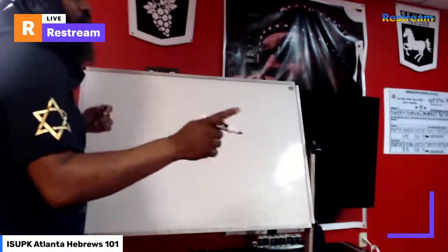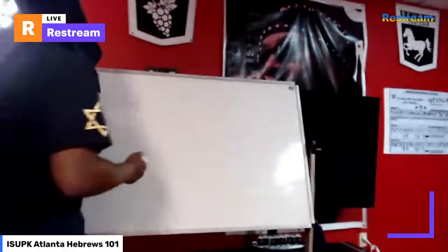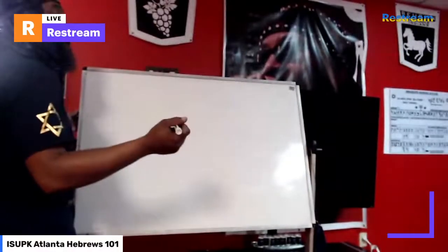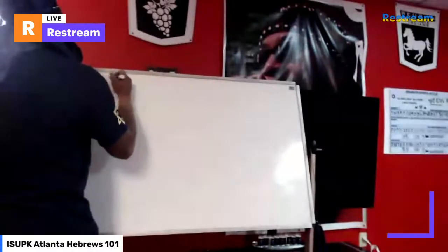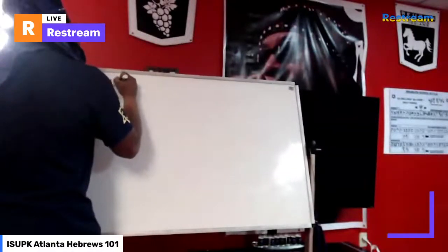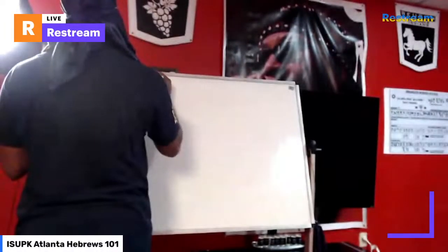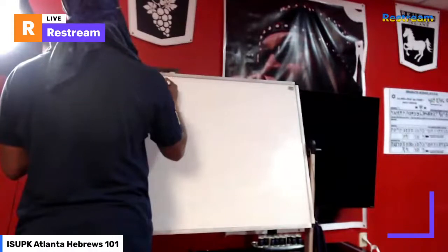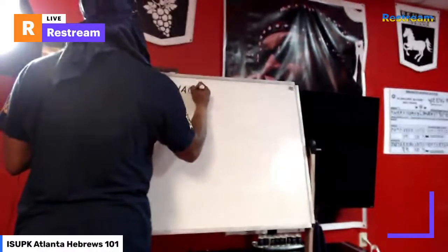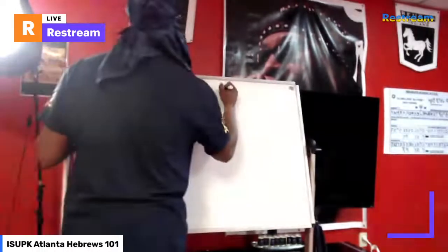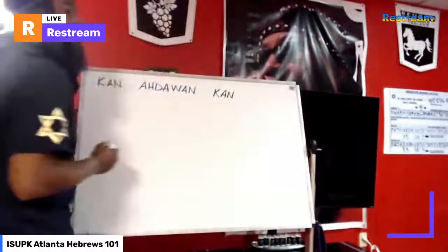All right. Real quick, now before we get into writing, yes, we will go over some names. Cool. So now, earlier, here's another statement that you will hear in Israel in the school. This is very important. Khan Adawan Khan.